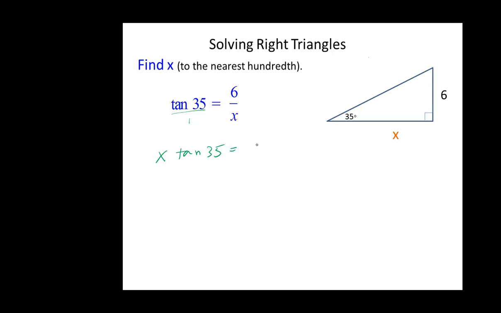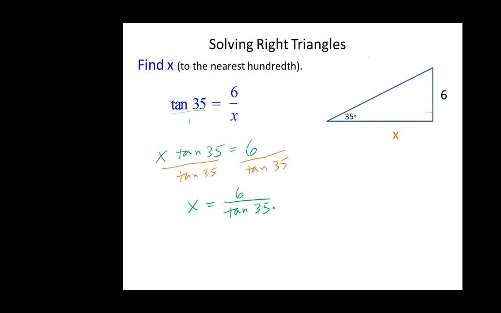This is exactly the same result as if you were to multiply both sides by x. You would get here. Now since I need to solve for x, and I see that it's x times tangent of 35, I'm going to divide both sides of the equation by the tangent of 35. Remember, tangent of 35 is a number, so I can divide both sides by tangent of 35, and this gives us x equals 6 divided by the tangent of 35.